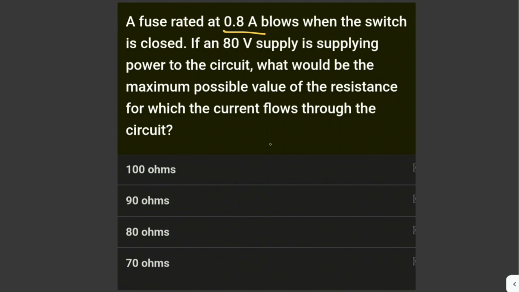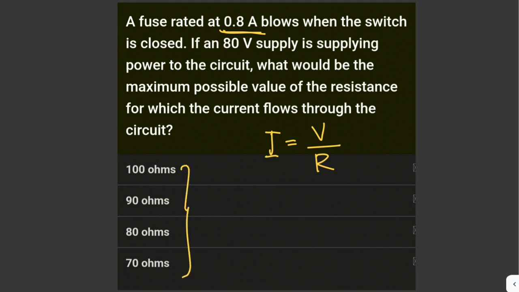According to Ohm's law, current is equal to the voltage divided by the resistance in ohms. Take note that the current is limited to 0.8 ampere only. So let's take a look at the choices.